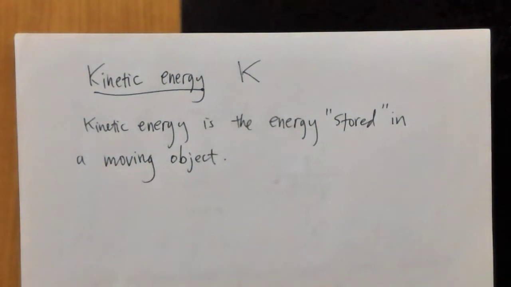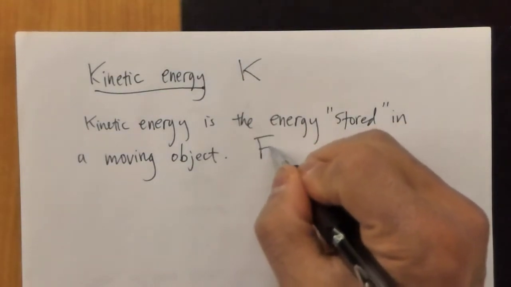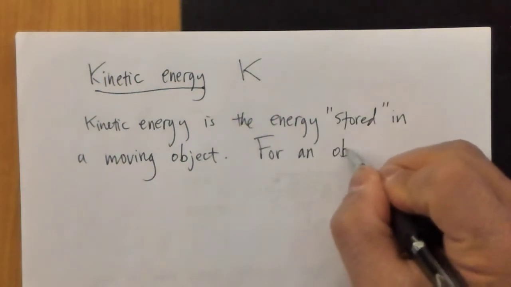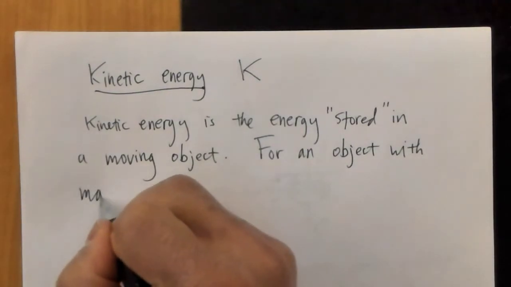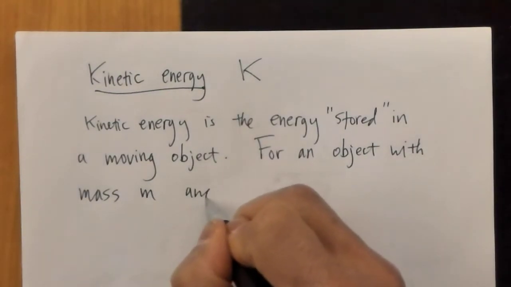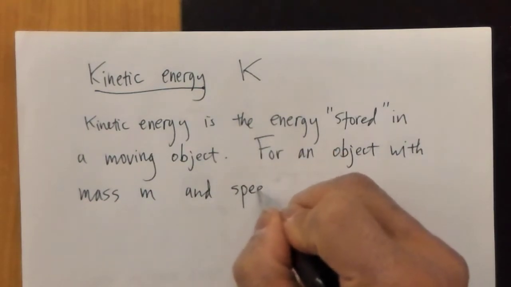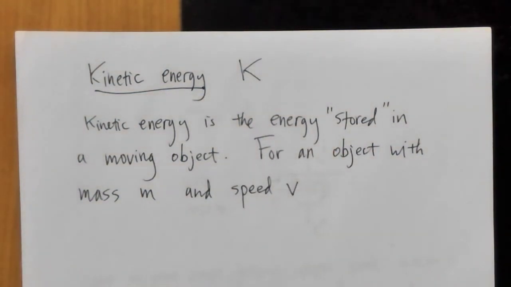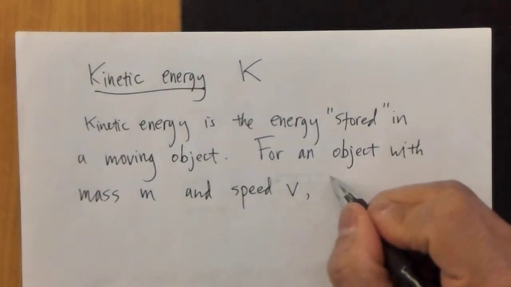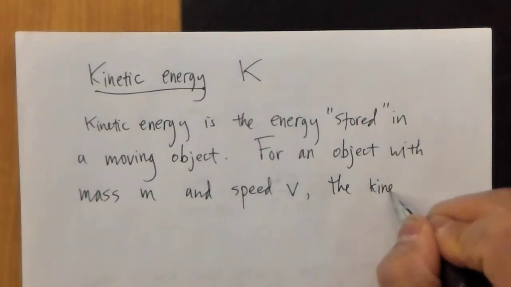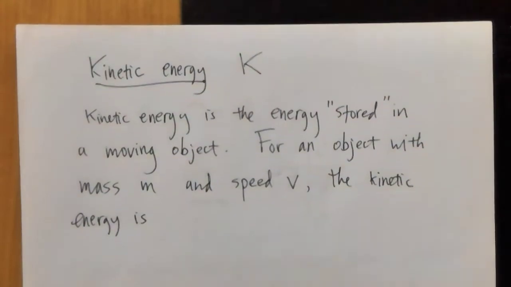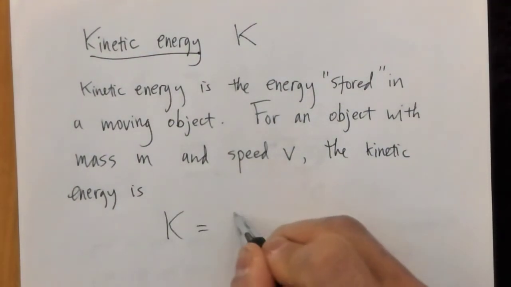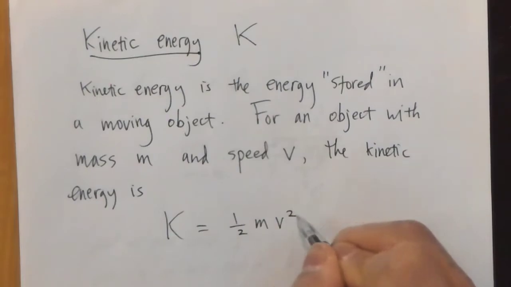It comes with a very simple formula. For an object with mass m and speed v, remember, speed is the magnitude of the velocity, the kinetic energy K is equal to 1/2 times m times v squared.